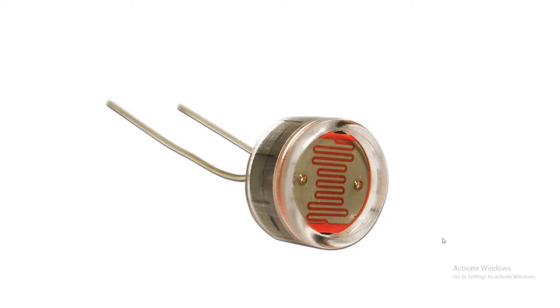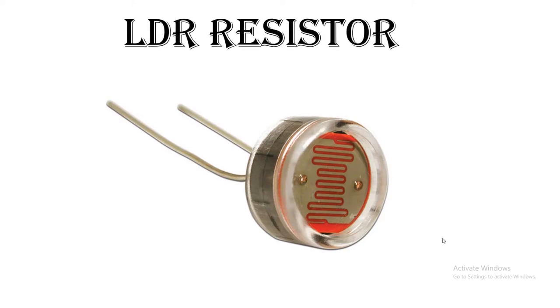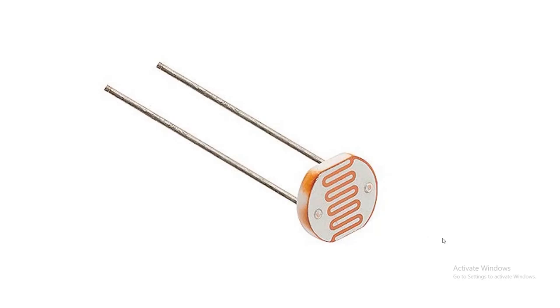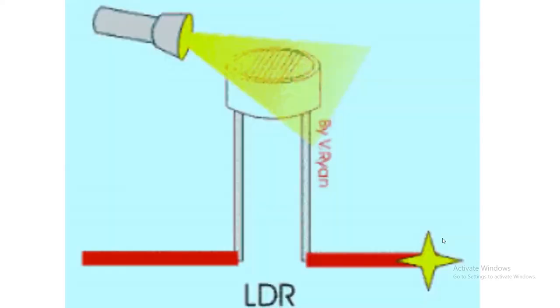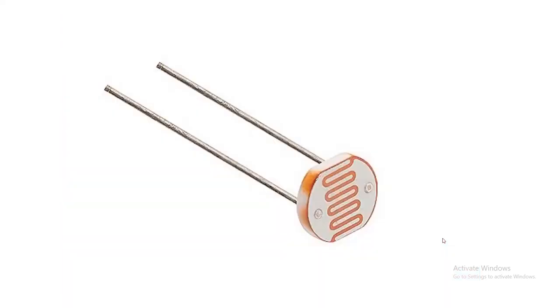The next type is the LDR resistor, light dependent resistor. This resistor is a very common resistor. It's also called a light sensor. When light falls on the surface of this resistor, the resistance becomes very low.